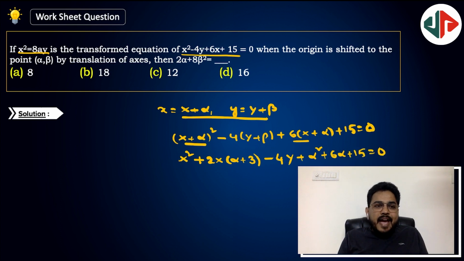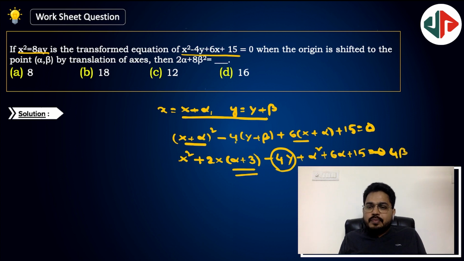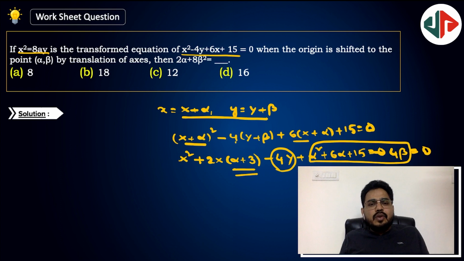So on comparison of this one with this, okay, 8aY. A they are not asking, but 8aY is this one I'll take. But this value has to be 0. This value has to be 0. And here I missed out minus 4 beta also. Minus 4 beta. So from here alpha is equal to minus 3, and this entire value needs to be equal to 0.